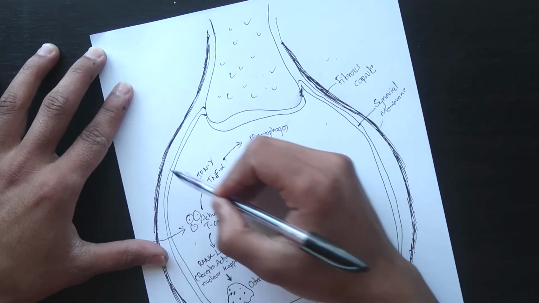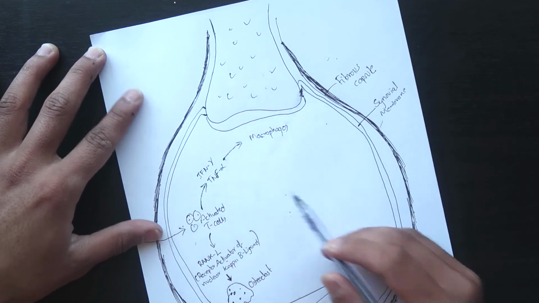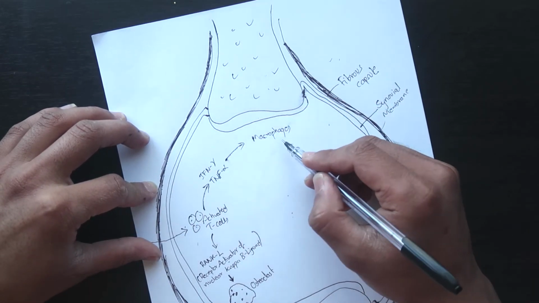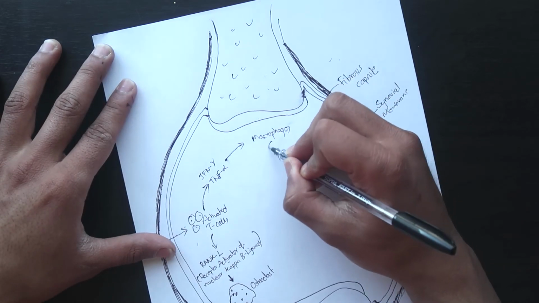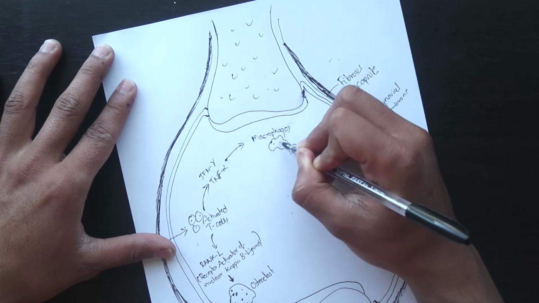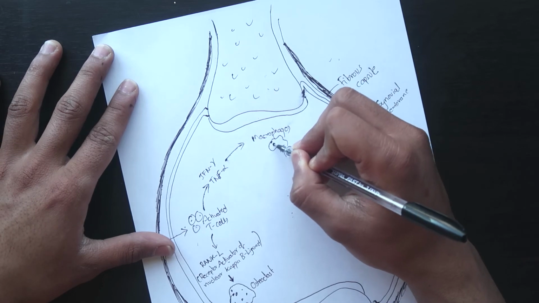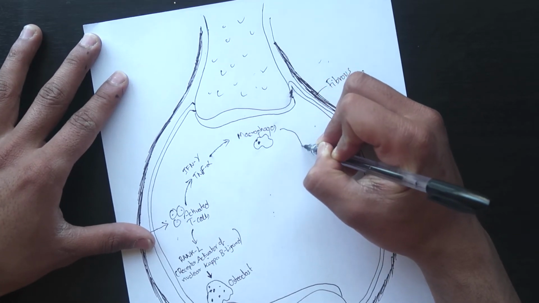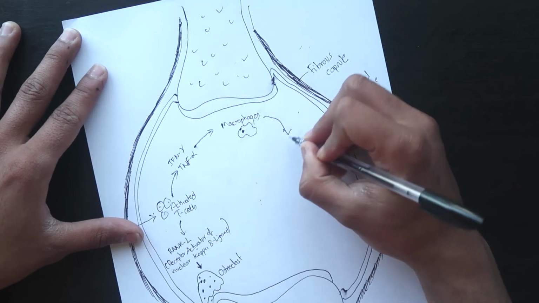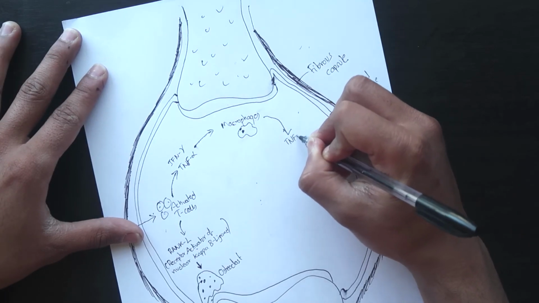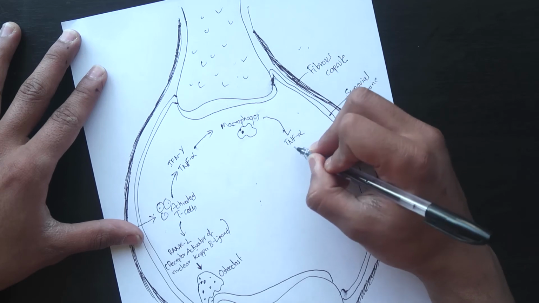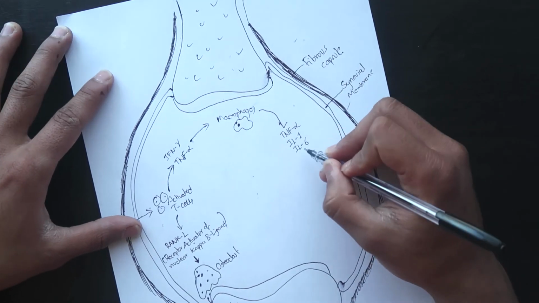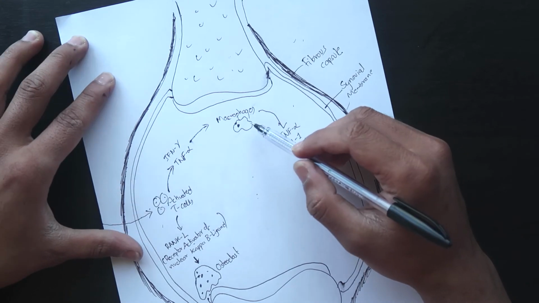There are blood vessels coming and going out of these joints, so through those blood vessels these cytokines will recruit more macrophages here. So I'll draw, these are the macrophages. These macrophages will also produce some cytokines such as TNF alpha, interleukin 1, and interleukin 6.